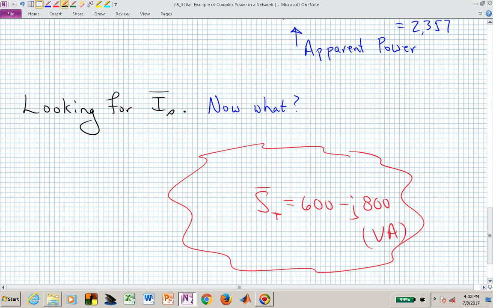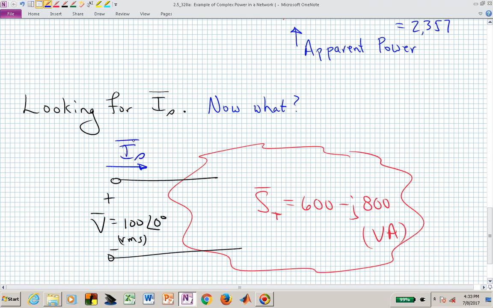And we know supplying that is a voltage phasor in RMS of 100 at an angle of 0, and we're now wanting to find the current of the source that will actually produce that total complex power.